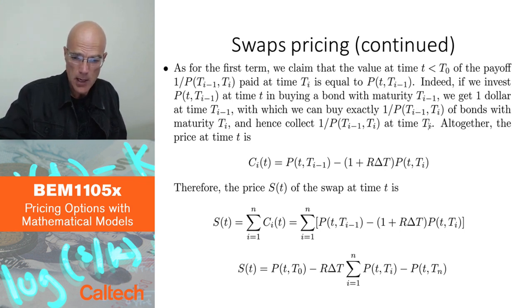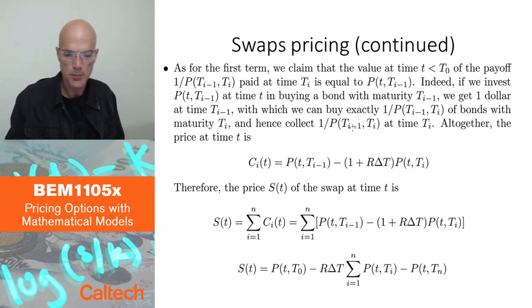Which means that at time ti, I'm going to have exactly that many dollars, because 1 bond gives me $1. So 1 over p bonds will give me 1 over p dollars at ti. So it's 1 over p ti minus 1 ti, which is what I get at ti, and that's it. So the price of this payoff is p of t ti minus 1, because we just did the replication argument. Starting with this at time t, we ended up with 1 over p ti minus 1 ti at time ti, which is that second payoff in the formula.